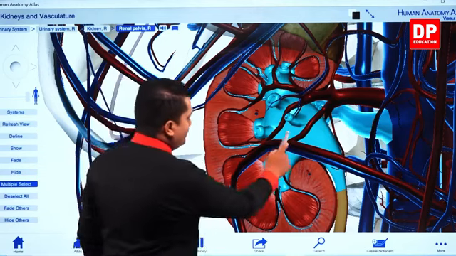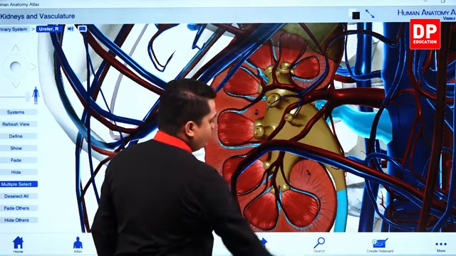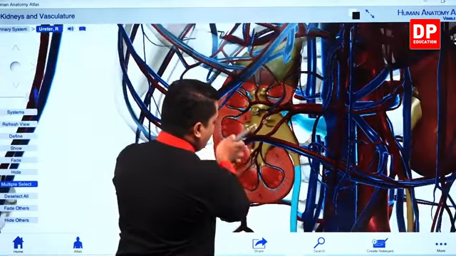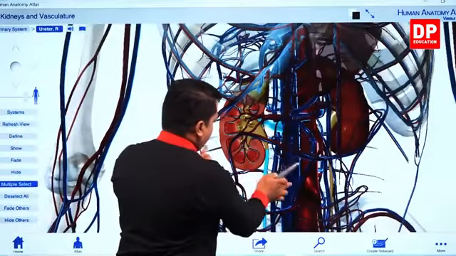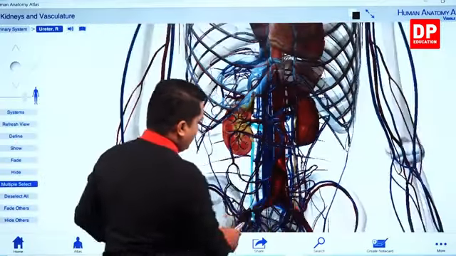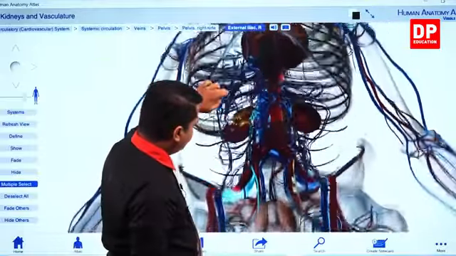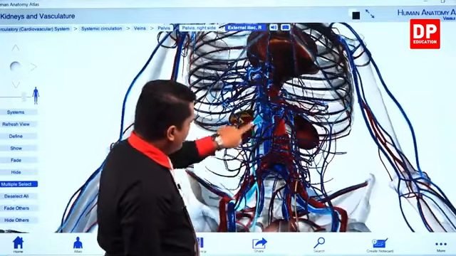So my dear children, this pelvic region once again is connected to the ureter. This tube is the ureter. So I can minimize this figure and show you how the ureter runs towards the urinary bladder. See, it's running towards the urinary bladder. Now it's at the bladder, that light blue color one.